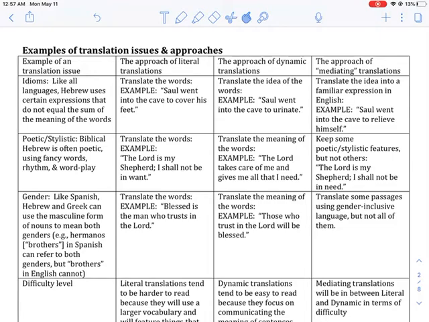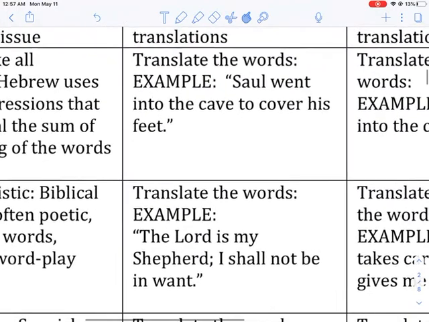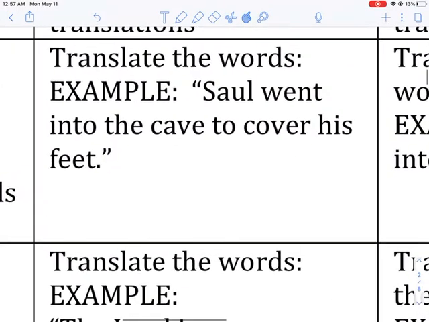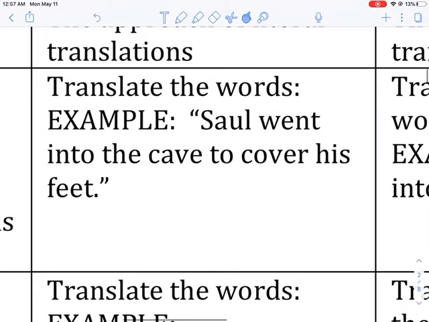So, in the Old Testament, so many of these will come from the Old Testament, as it's a little bit easier sometimes to show these points. In the Old Testament, there's an expression in the book of 1 Samuel that says, Saul went into the cave to cover his feet.